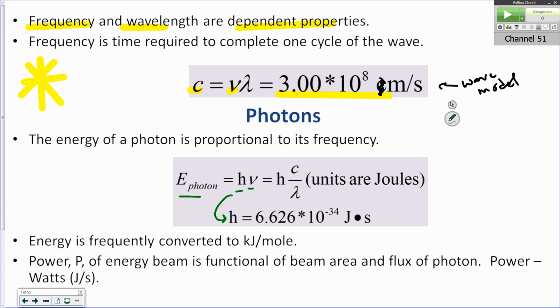So if we have wavelength instead, we can use this formula rearranged for wavelength and resubstitute that in. It becomes Planck's constant times the speed of light divided by the wavelength.